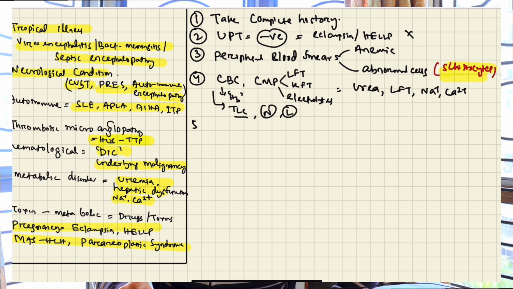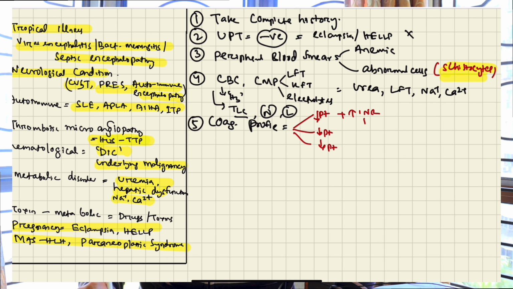Number 5, we require a coagulation profile. We can have three things. If the platelet is decreased, as in this case, and we have increased INR or increased APTT, that means the patient is having DIC.